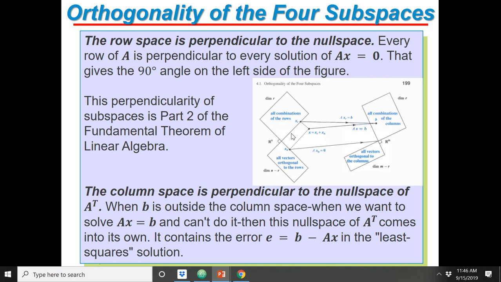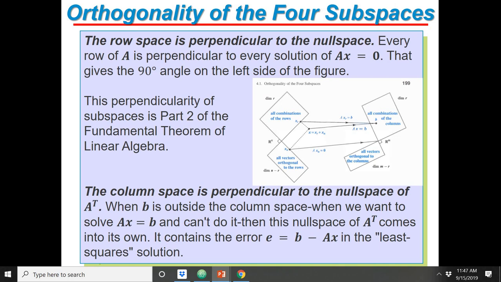But from that schematic, you notice the way it is drawn, these two fundamental subspaces of Rn are shown to be meeting at 90 degrees. And the idea here is we will prove that they are orthogonal to each other. Okay, and orthogonal means if I take any vector in the null space, I'm going to show that it's orthogonal to all rows.